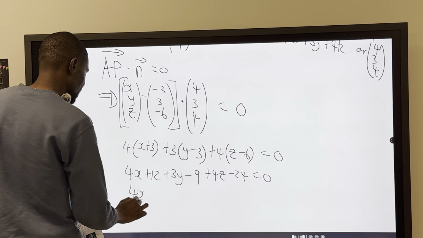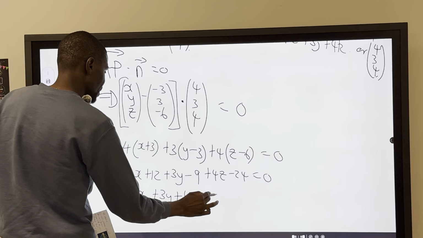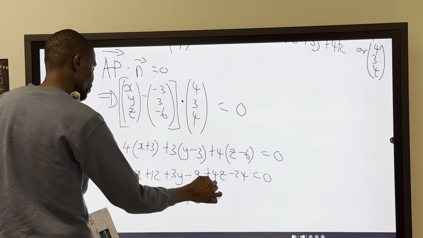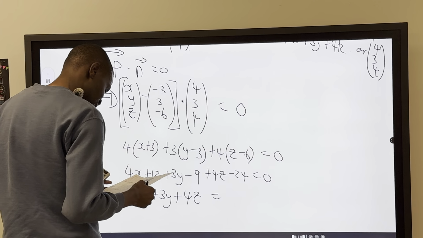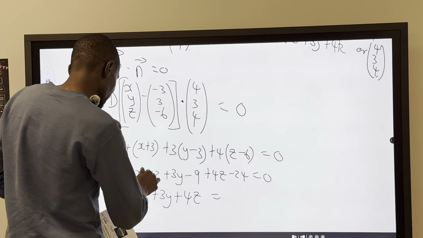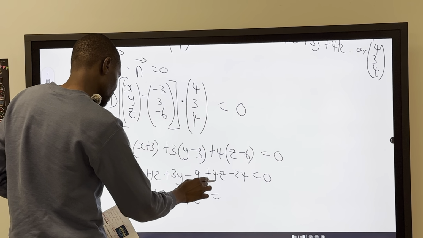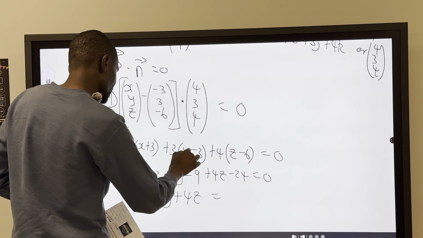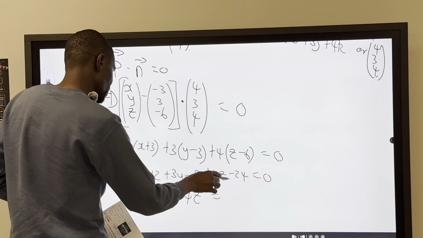So 4x plus 12, plus 3y minus 9, plus 4z minus 24, equal to 0. Let's see what the constant is: 12 minus 9, 12 minus 24.